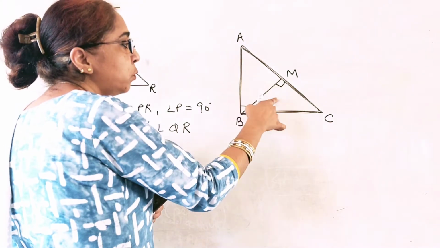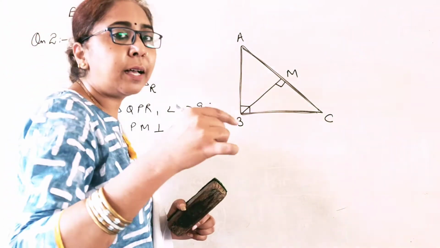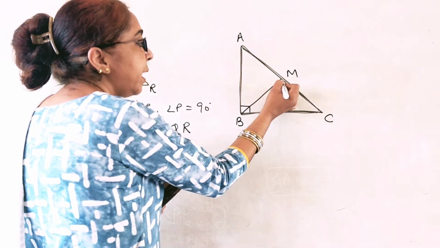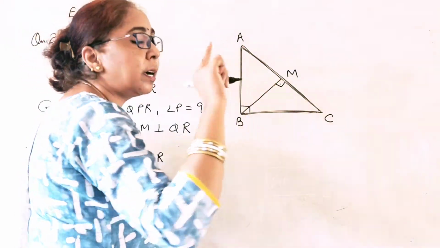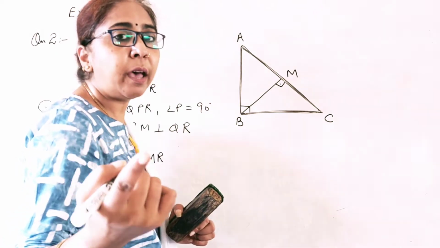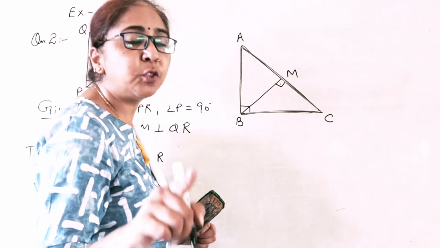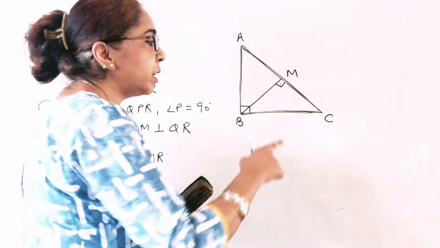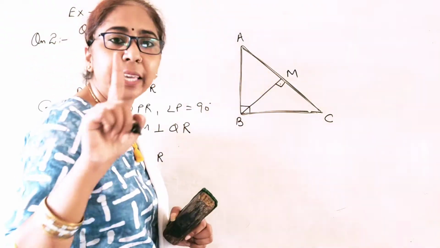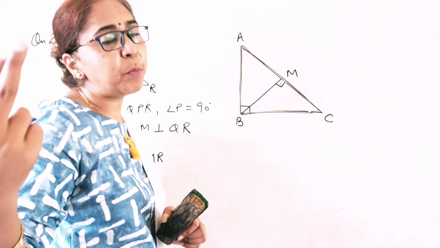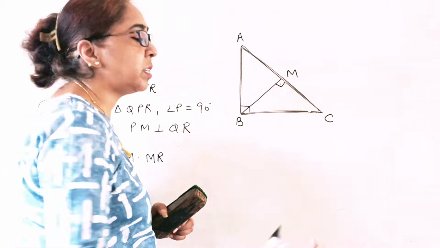Now I know that these two triangles are similar. Let me show you how they are similar. You know that this angle is 90 and in a triangle, by the angle sum property, the sum of the rest of the two angles must be 90 because the sum of all three angles is 180. So if one of them is 90, then the sum of the other two must be 90.